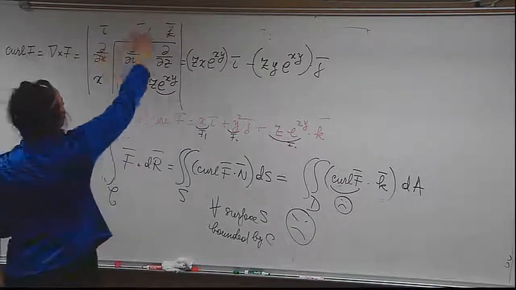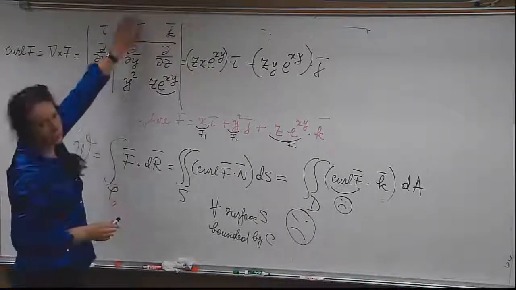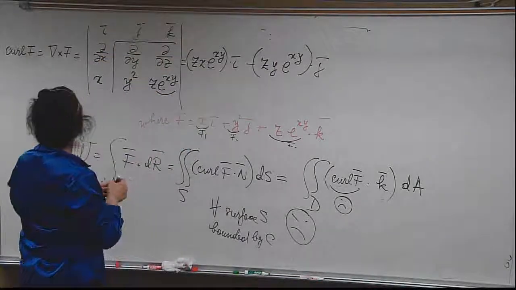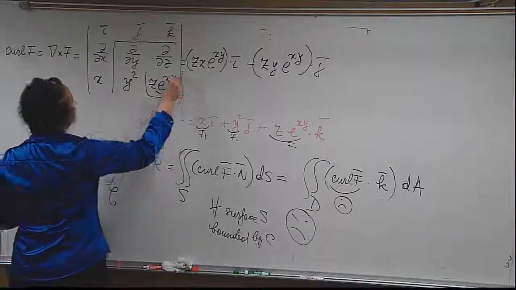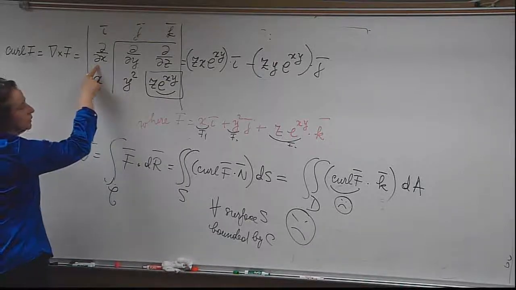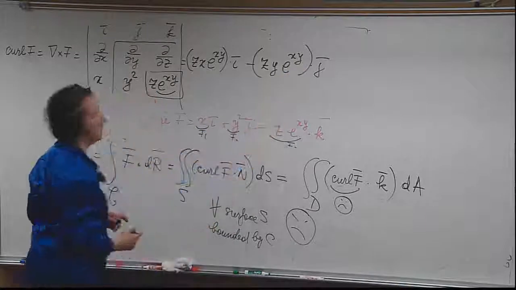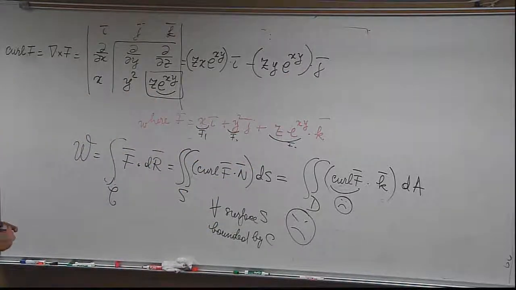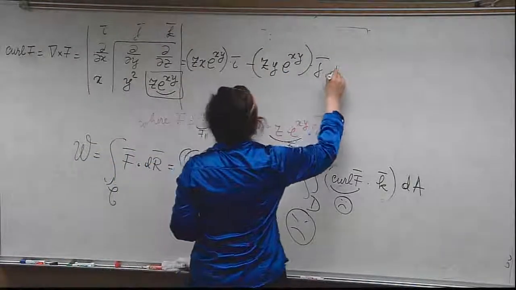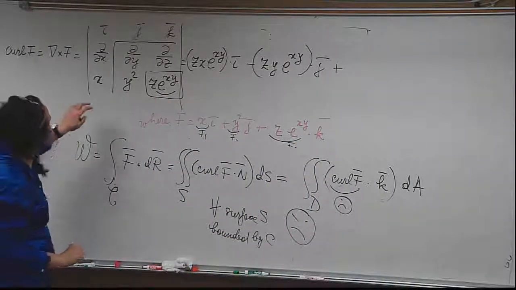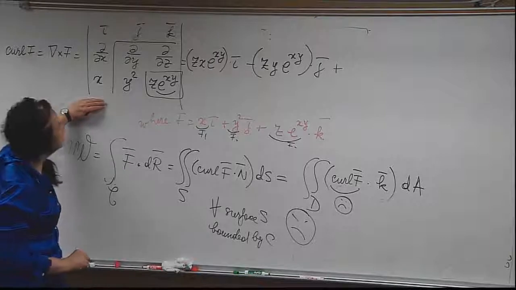I'm saying that I expand with respect to the j element here. I have a minus because of that, and then I have the derivative of this animal with respect to x, which is zy e to the xy j. Correct? Yes. Finally, last but not least, and actually that's the most important guy, and I'll tell you in a second why. What is the last guy? Zero.